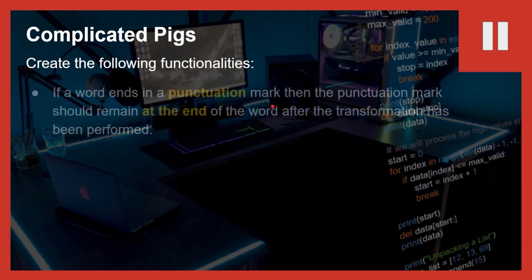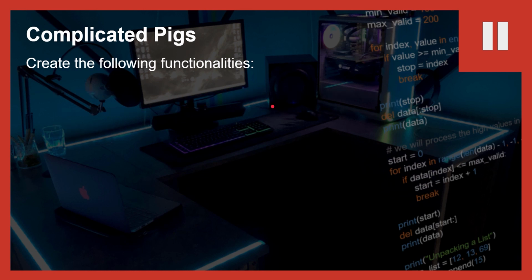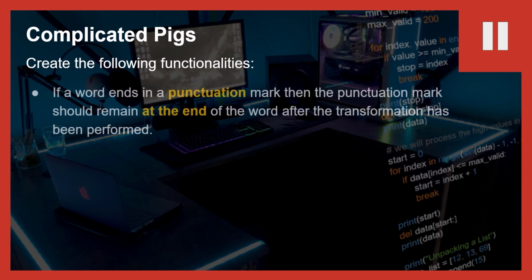Okay, so it's time for your challenge, which is going to be complicated pigs. You'll need to create the following functionalities. First of all, if a word ends in a punctuation mark, so I'm going to leave you the punctuation marks somewhere in the description, then the punctuation mark should remain at the end of the word after the transformation has been performed.